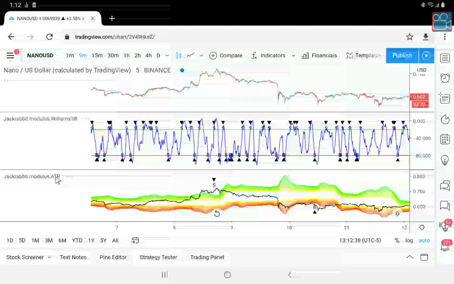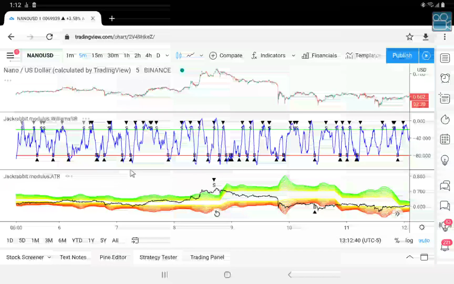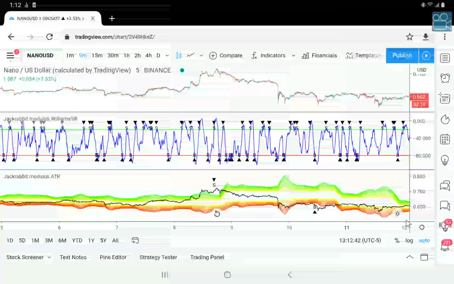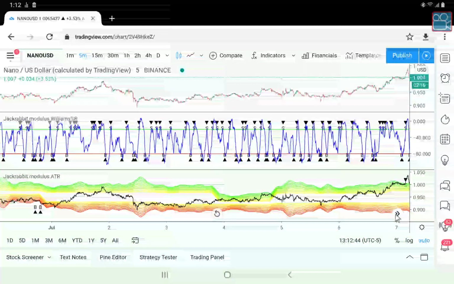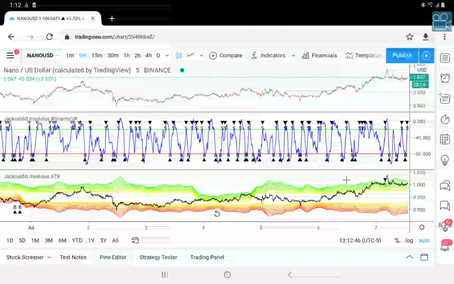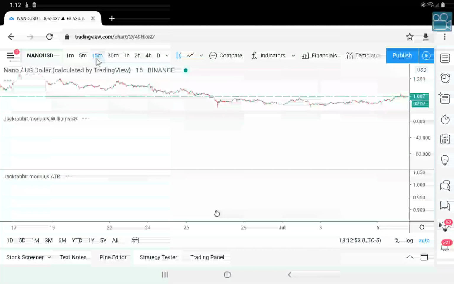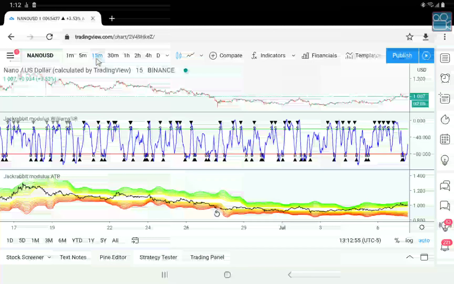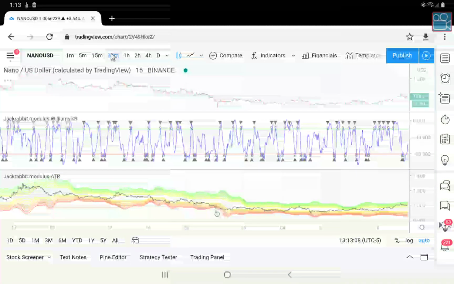So let's zoom out. Let's take a look at the bigger picture. We're at 5 minutes. Let's look at 15 minutes. Notice, unlike other indicators, as you go up in the time frames, the number of purchases won't necessarily increase.